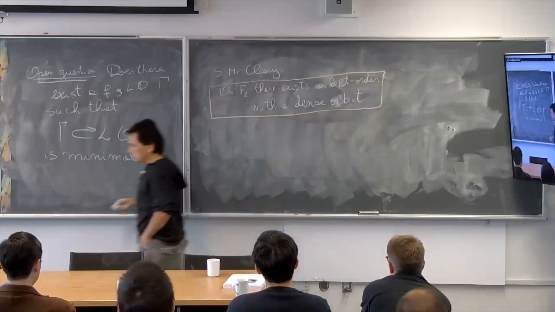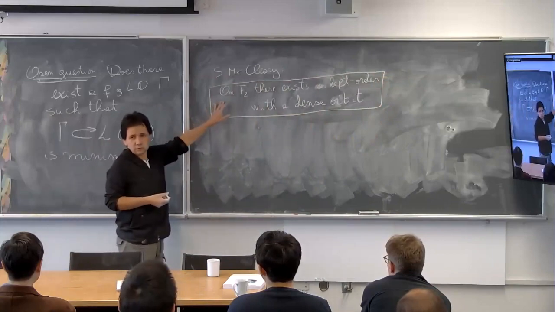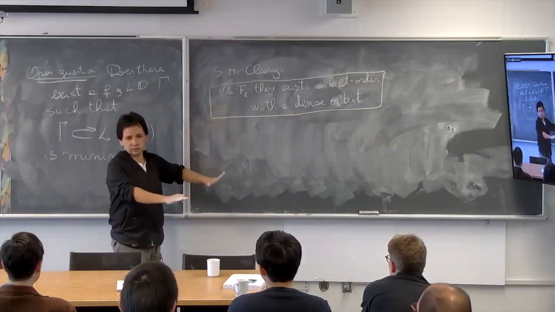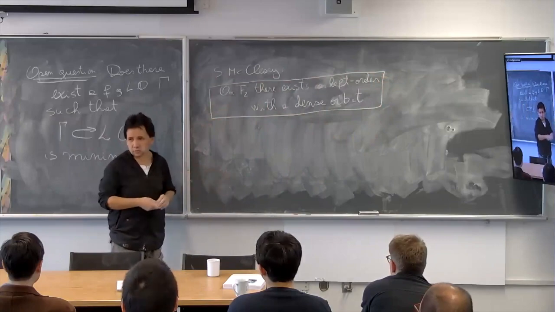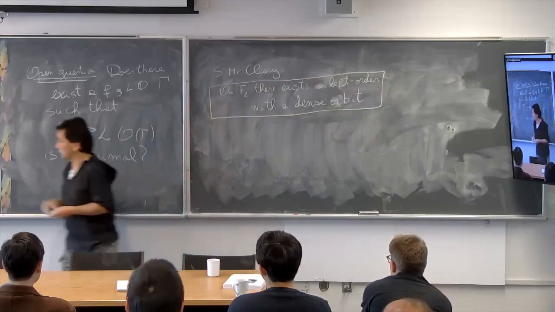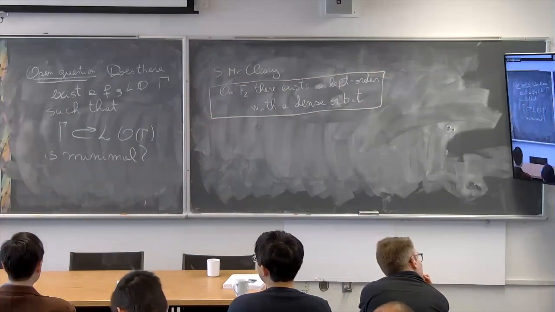The proof of McCleary is very combinatorial, but tomorrow I will give an idea how to show this without putting the hands on the order. There are some procedures to say there must be some order like this, without saying what precisely the order is.